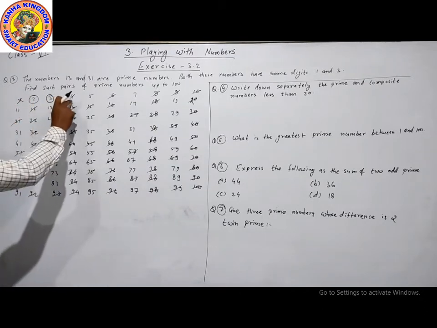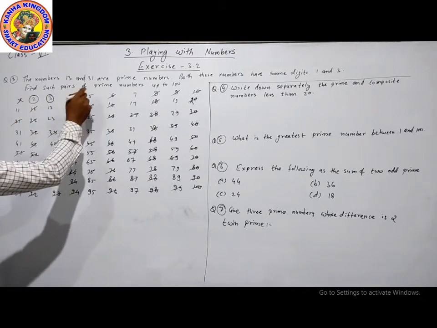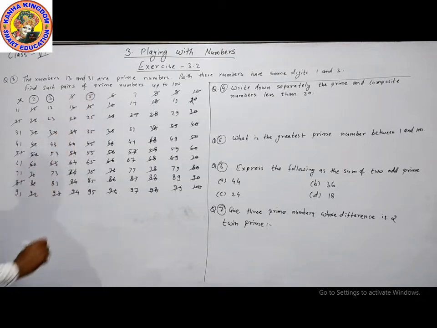Now the next number is 4 which is already cut, so the number is 5.